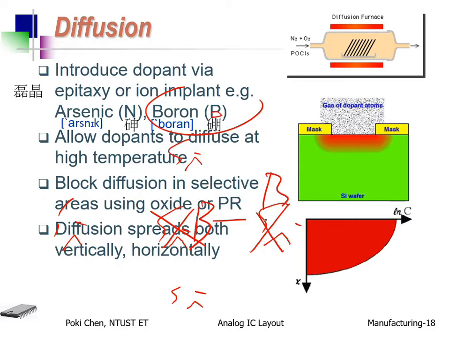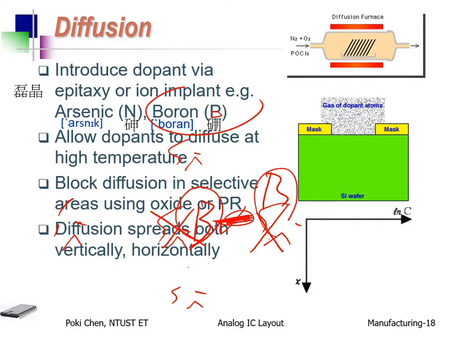The impurity cannot get bonded with the same atoms. Okay? If you have such kind of boron to boron, then the bond here will have a different physical structure. Then it is no good.